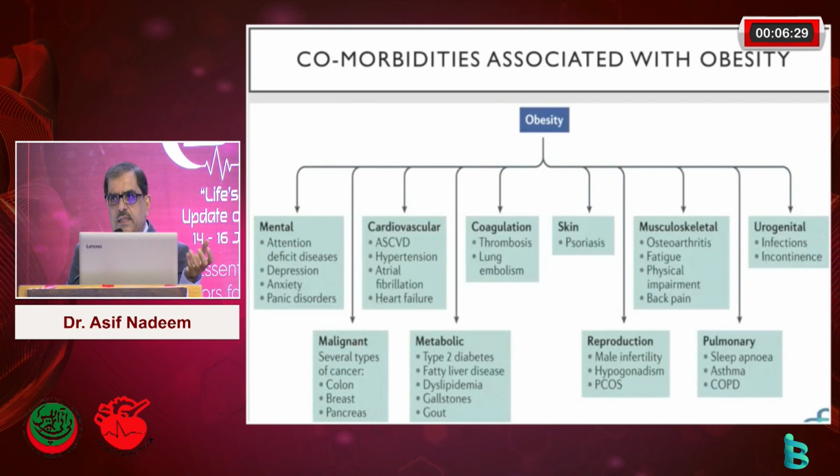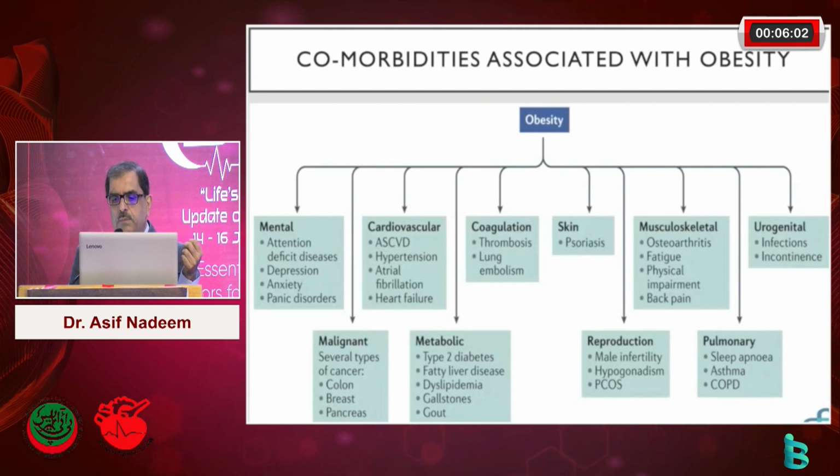So this is the array which obesity leads us to. Just imagine that if we treat obesity in our patients, we can treat all these conditions. Obesity leads to mental health problems and cardiovascular problems like atherosclerotic cardiovascular disease, hypertension, atrial fibrillation, heart failure, and coagulation disorders, as well as skin disorders, reproductive abnormalities, and pulmonary disorders, which is very important.